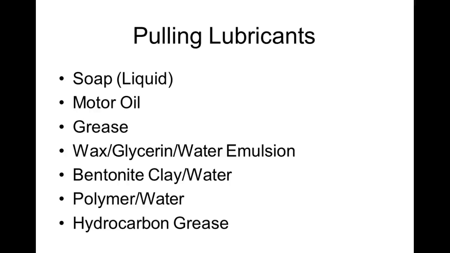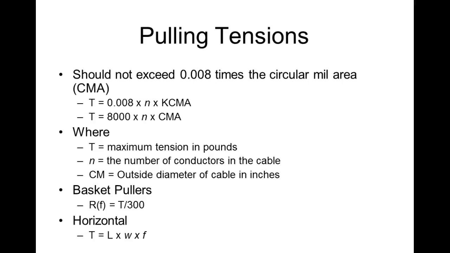Normally we want to use some type of lubricant that won't degrade or hurt the cable or the jacket over time. Pulling tension should not exceed 0.008 times the circular mil area, which is kcmil, by the way. This is the rule of thumb if it's not listed.